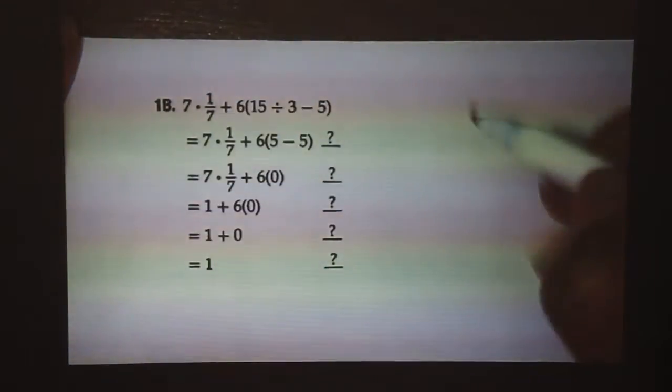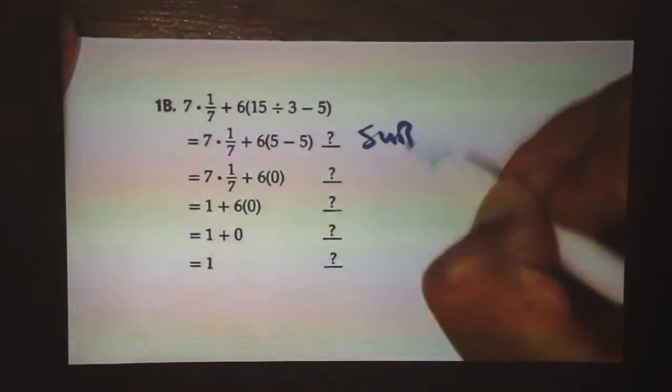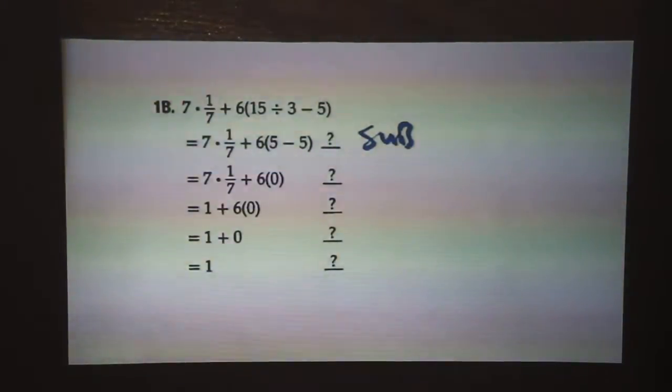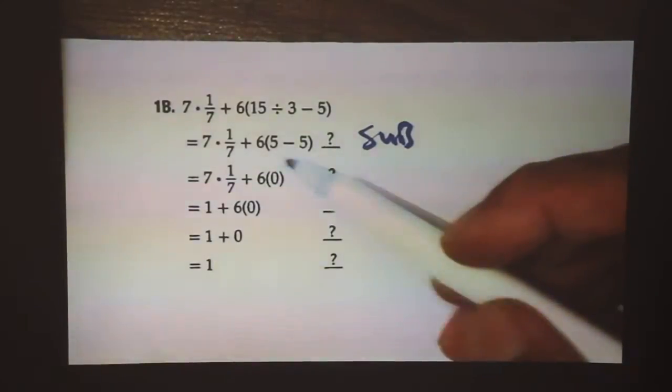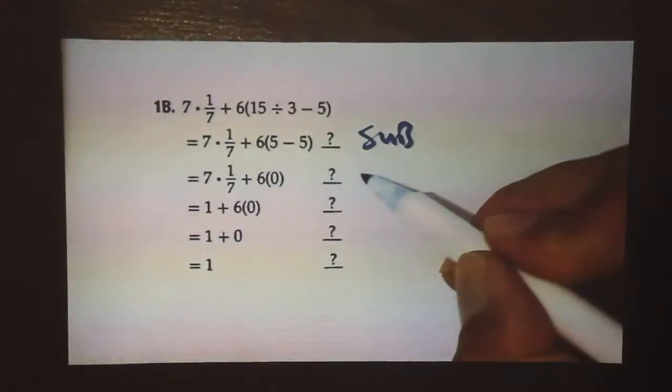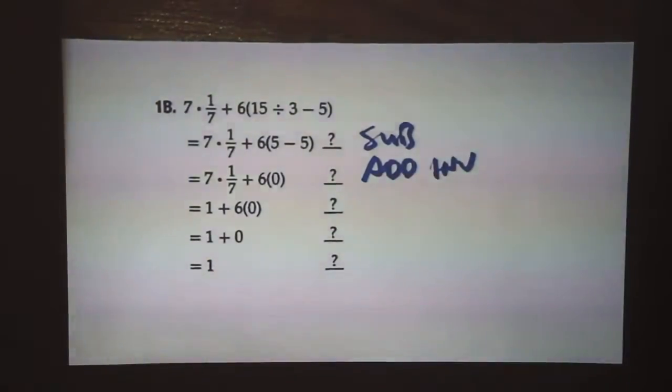So what they worked on there in terms of that value, that's again substitution. And then from the second to the third line, 5 minus 5 gave us 0. Again, that is the additive inverse idea.